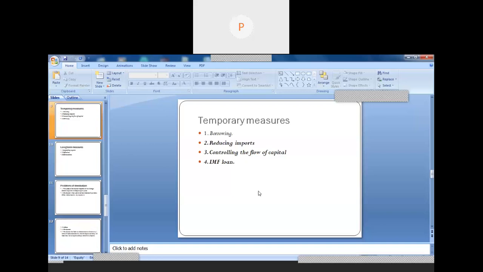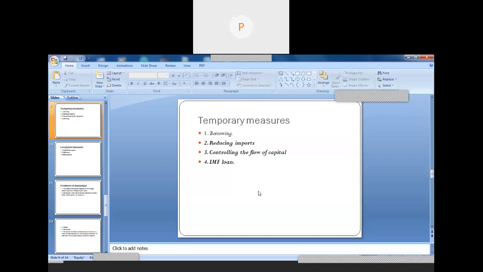You are putting a restriction on imports, or you can use tariffs also. In that way, you can reduce imports. You can put a check on the imported commodity by fixing a limitation on how much commodity can be imported to your country.